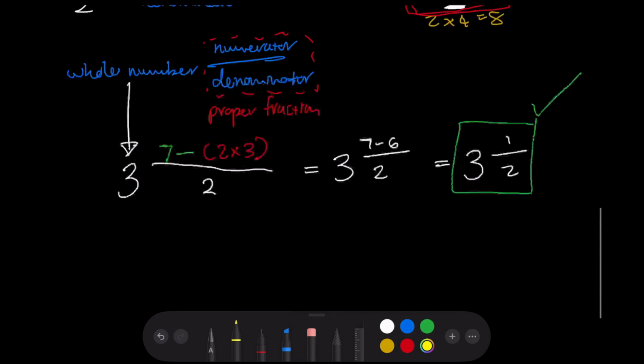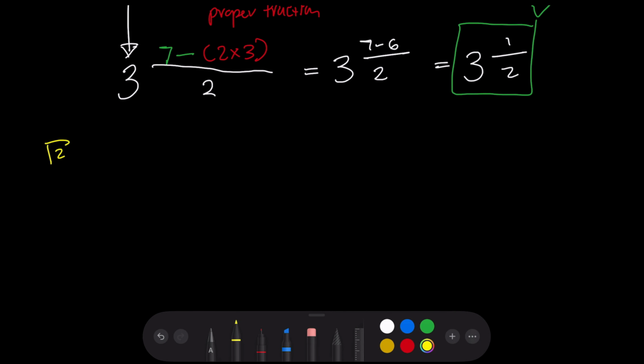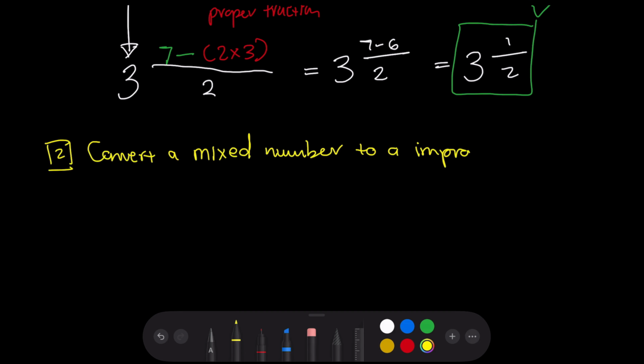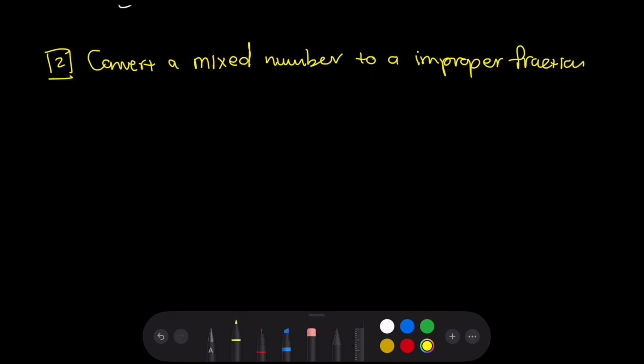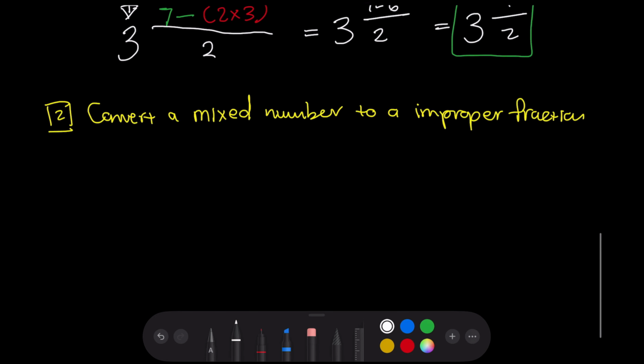Now, if I want to convert a mixed number to an improper fraction, how does that look like? So give me the mixed number, for example, as we had previously, 3 and a half.